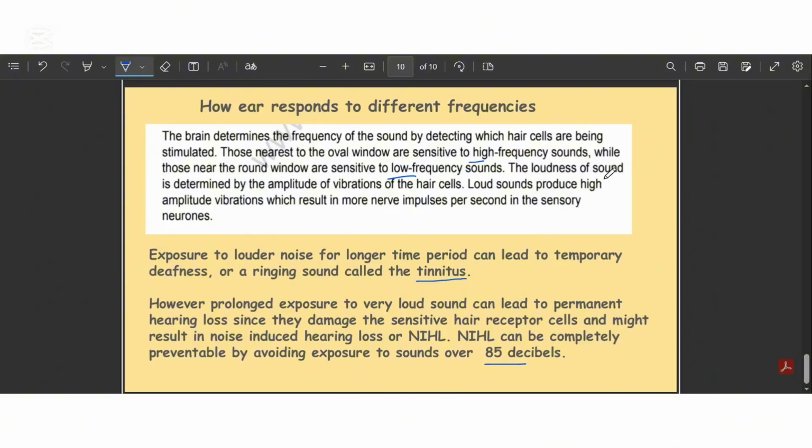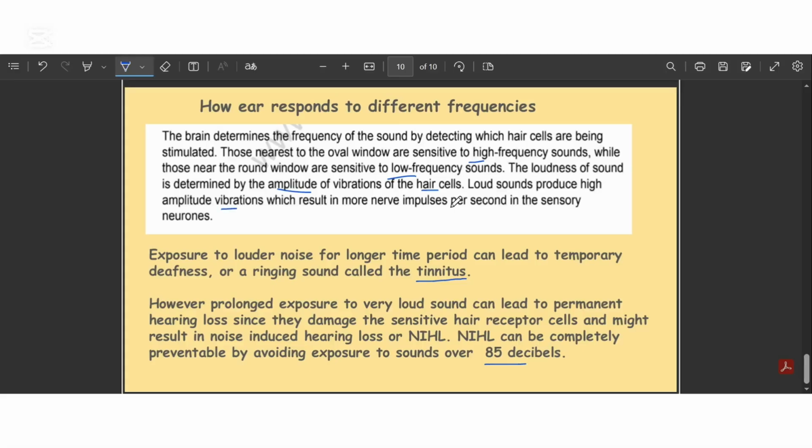The loudness of the sound is determined by the amplitude of the vibrations of the hair cells. Loud sounds produce high amplitude vibrations, which result in more nerve impulses per second in sensory neurons, and vice versa for lower amplitude vibrations.